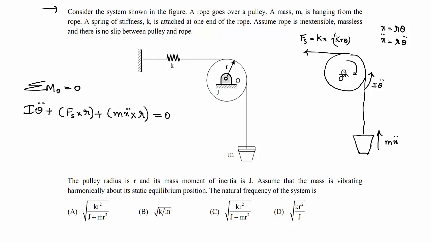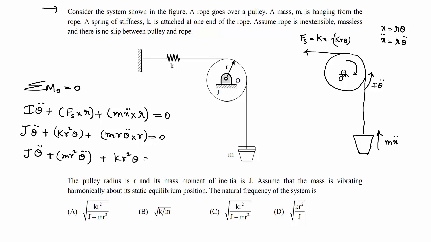So here, with the polar moment of inertia, we get J theta double dot plus Fs, which is nothing but k r square theta, plus m into r theta double dot into R is equal to 0. So this is of the form theta double dot times (J plus m r square) plus k r square theta equal to 0.